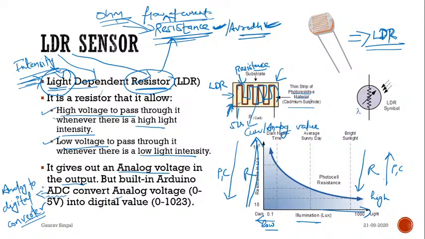With this ADC, the output is converted into a digital value. So you can say the 5 volt range is converted into 0 to 1023. I hope you understand this one.